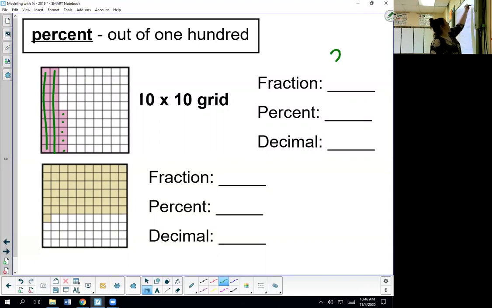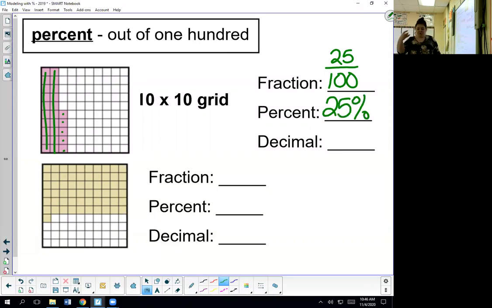So that means 25 out of 100 are shaded in. What percent is that? Percent is out of 100, so that'd be 25%. And then how do I write 25 hundredths as a decimal? It would be 0.25.